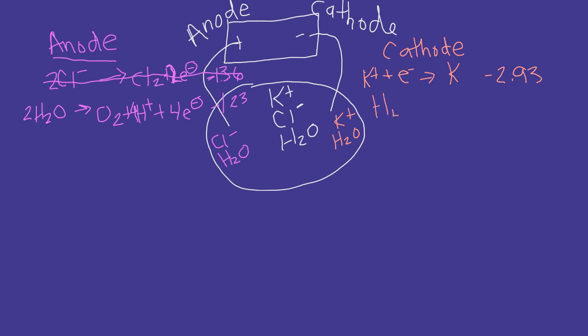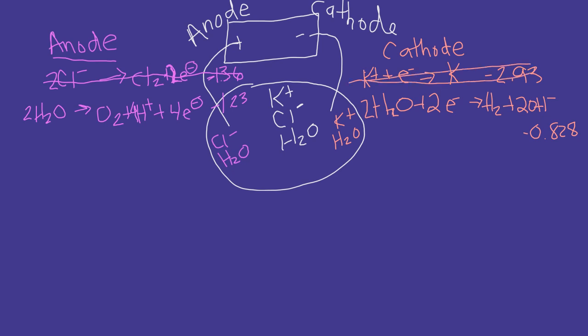Now we have to be careful because with this one, water does not generate oxygen gas. It picks up 2 electrons, 2 waters, and it generates hydrogen gas and 2 OH minuses. This is negative 0.828. So out of these two, the water will happen.